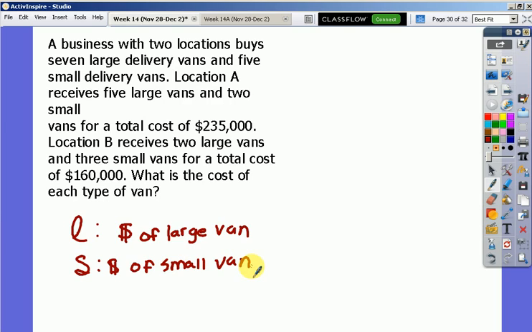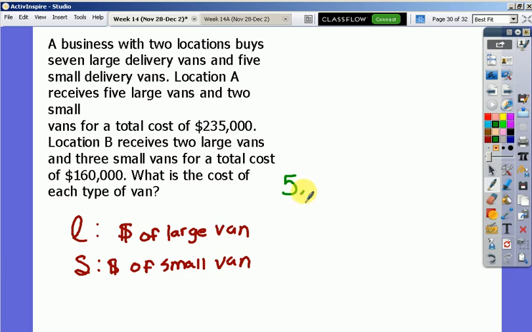So, how will I set up the equation for location A? Pay attention up here. How will I set up the equation for location A? Yeah, 5, let's do L and S, right? 5L plus 2S equals what?